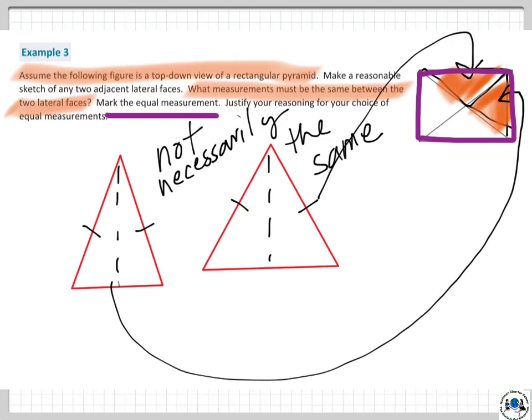So now these triangles that we've made out of the lateral faces of this right rectangular pyramid are not necessarily going to be the same height once we take them out of the pyramid. Now, of course, the pyramid itself is going to have a height, and that's measured right from the vertex down to the center point of the base, okay? All right?